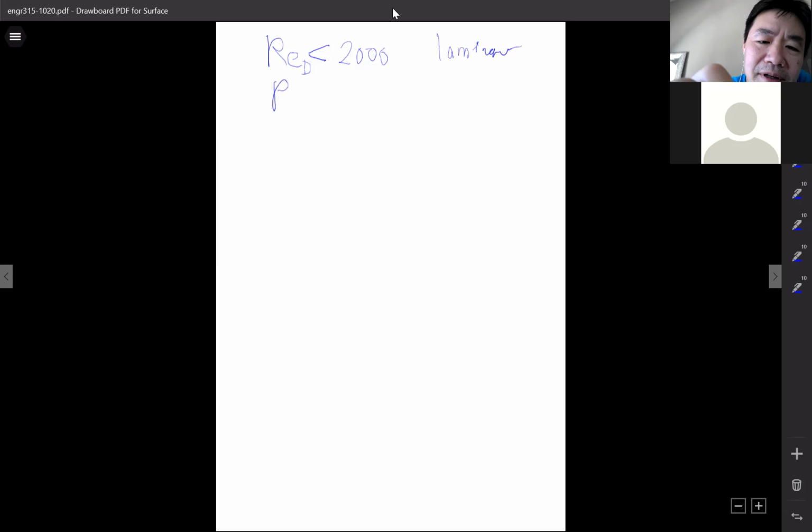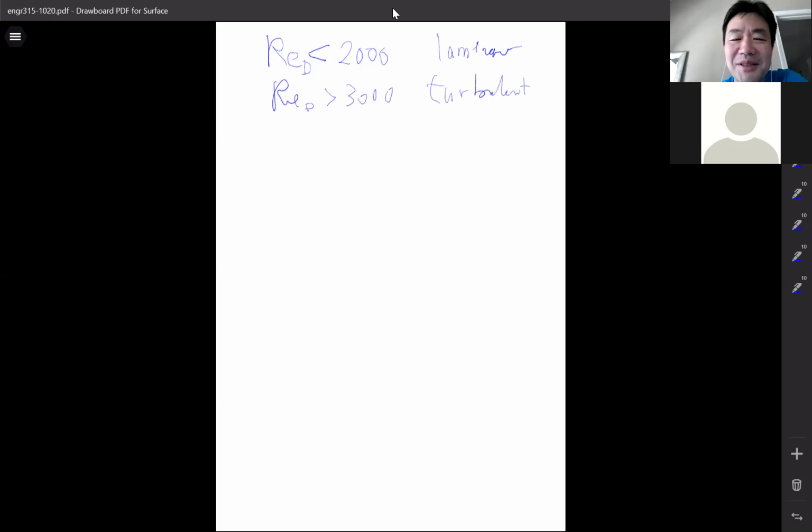If the Reynolds number is greater than 3000, we consider it turbulent. So they're really different numbers. In the flat plate, the Reynolds number is in the millions. Here the Reynolds number is only in the thousands.